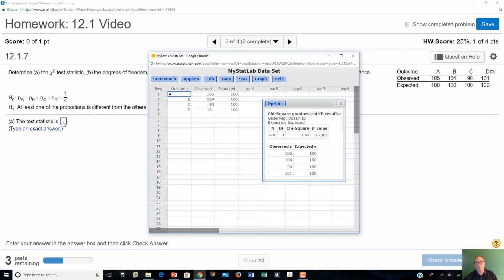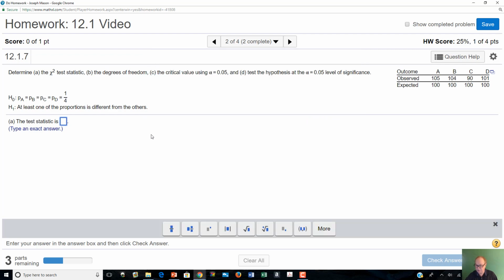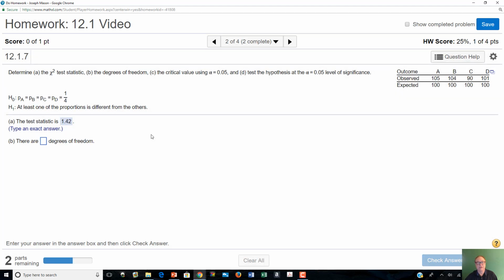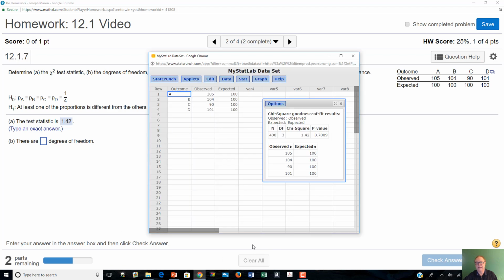So it's going to be 1.42 because it says type an exact answer. So it's 1.42, enter. Okay. Now degrees of freedom. If I go back, degrees of freedom was 3. That's going to be the number of categories minus 1. So we had A, B, C, D, 4 categories. 4 minus 1 is 3. Or you can get it right from StatCrunch.